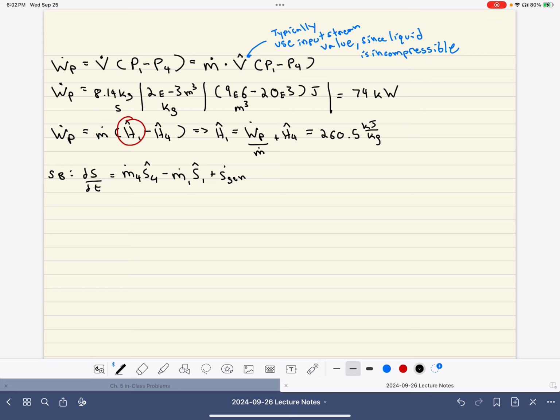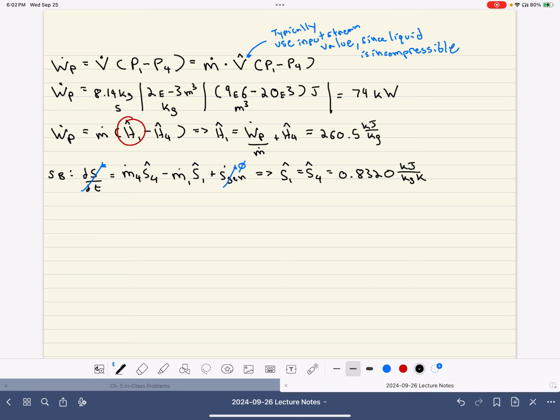And since we're assuming this entire process operates optimally, we're not dealing with any S-gen. So what we find is that, also steady state, just like with the turbine, S1 should be equal to S4, and we get these values for the entropies.